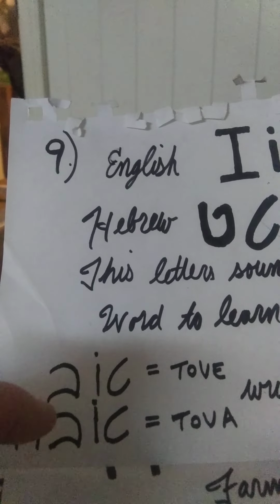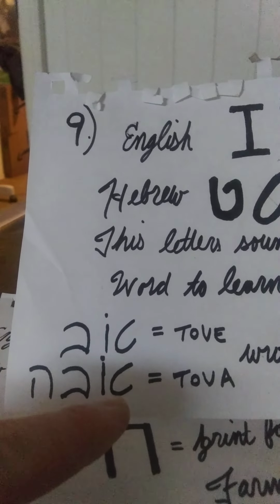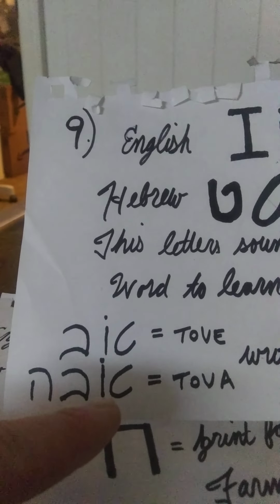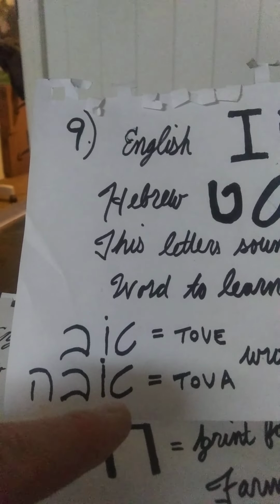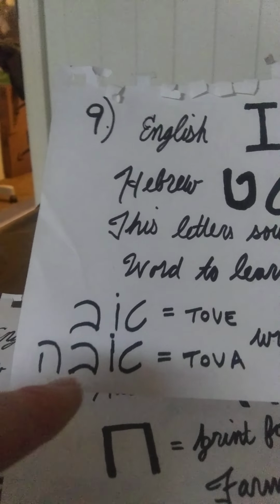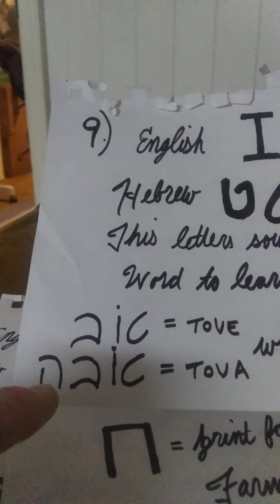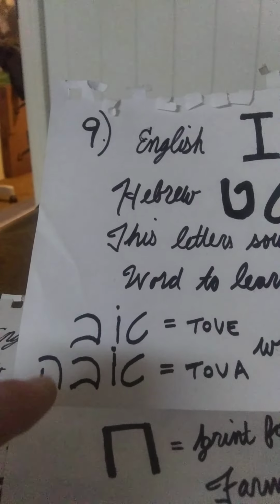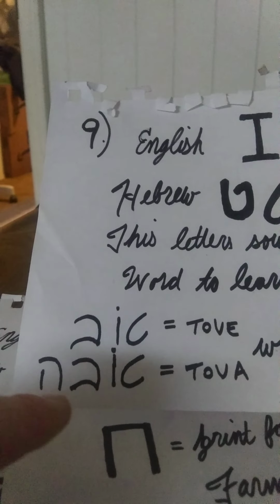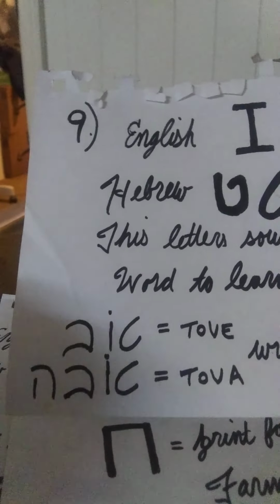So tov, tov. And then here is the feminine underneath. So to, tova. So that's your he sound, which makes an a sound at the end of a word. Tova. Okay.